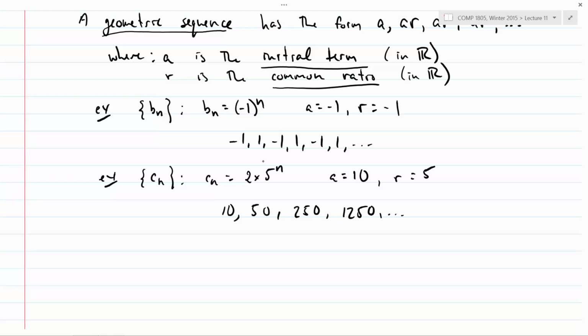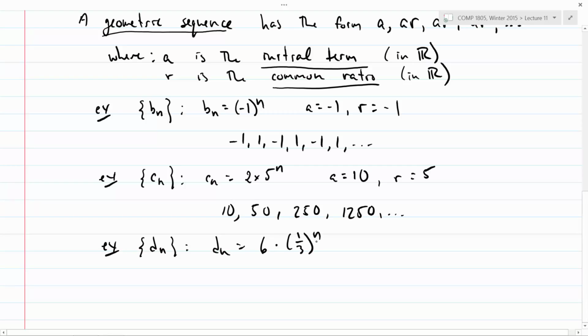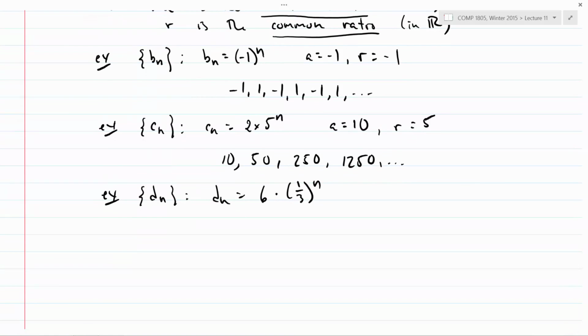All right, so now that we have this, we can see another slightly more complicated example. Let's say we have the sequence dn, where dn is defined as 6 times 1 over 3 to the n. What's the initial term here? 2, right? If I have n equals 1, then that's 6 times a third, which is 2.